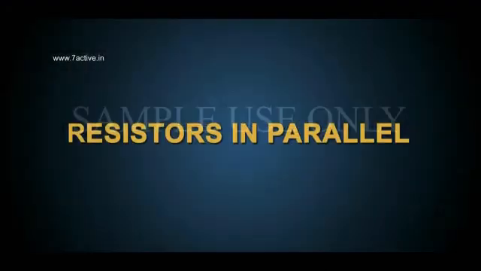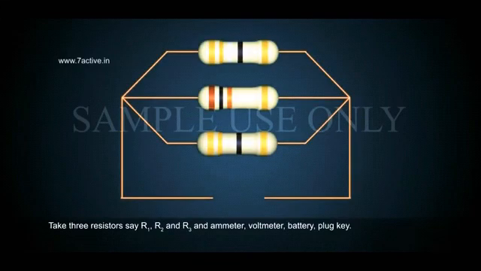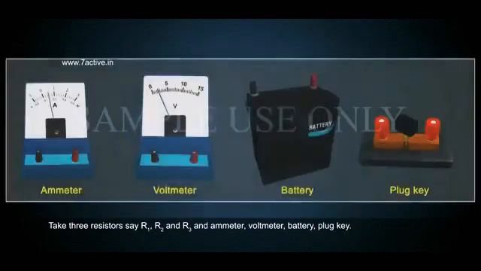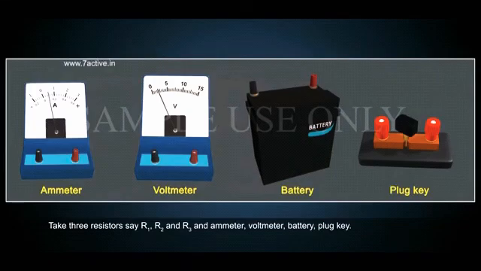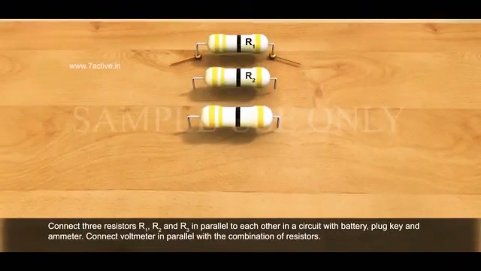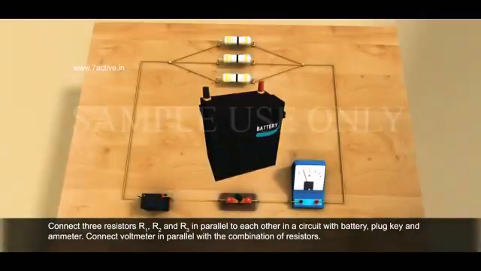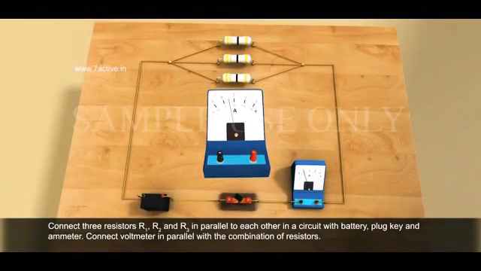Resistors in parallel. Now let us see the parallel arrangement of resistors. Take three resistors, say R1, R2 and R3, an ammeter, voltmeter, battery, and plug key. Connect the three resistors R1, R2 and R3 in parallel to each other in the circuit with the battery, plug key and ammeter.